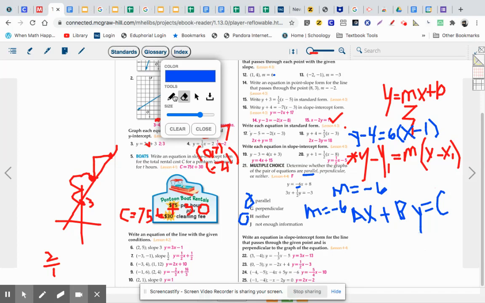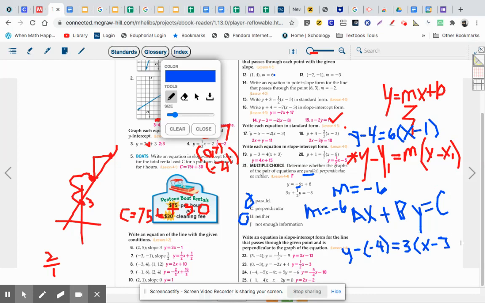Okay, here we go. So point-slope formula, I am going to write y minus my y1, which is negative 4, equals my slope, which we agreed would be 3, because 3 is the reciprocal of this and it's the opposite sign. So 3 times the quantity x minus my x1 value, which is positive 3.